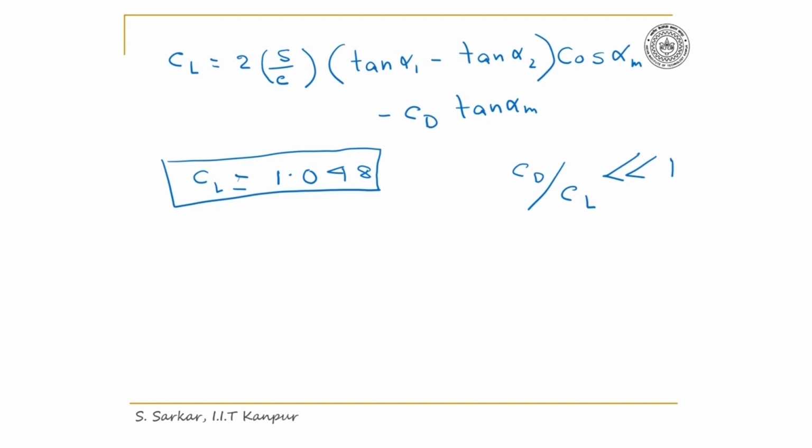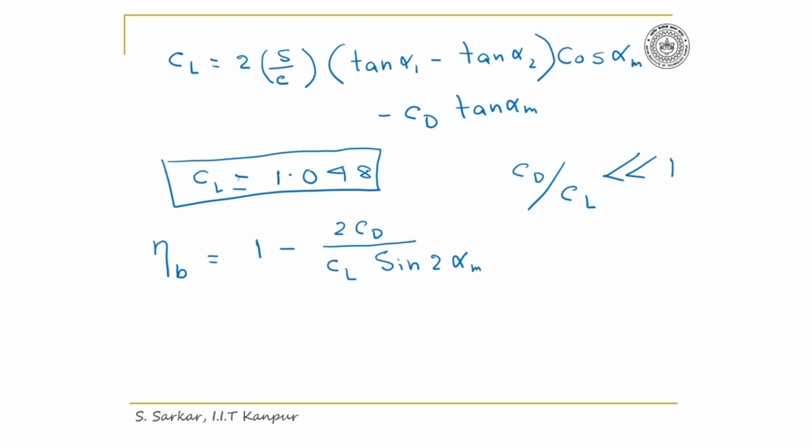Thus we can use the relation for blade efficiency eta B is equal to 1 minus twice CD divided by CL into sine twice alpha m. Here you know CD and CL and also alpha m, so you can evaluate blade efficiency.